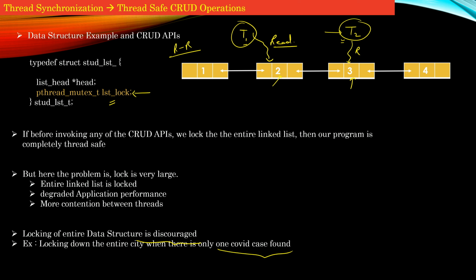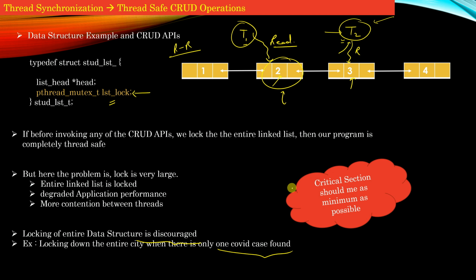This is an example where one thread is performing some operation on some node of the linked list, whereas some other thread is interested in performing an operation on some other node of the linked list, not necessarily node number 2, but unnecessarily we are making thread T2 stay blocked. So the critical section should be as small as possible if you want to extract maximum performance out of your application, provided that your application is multi-threaded.